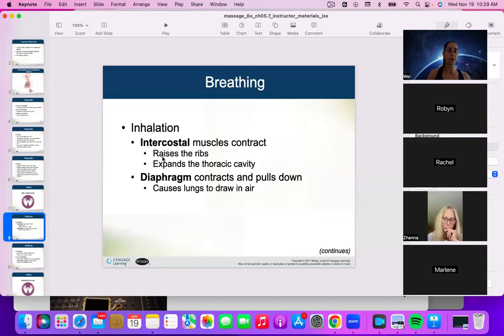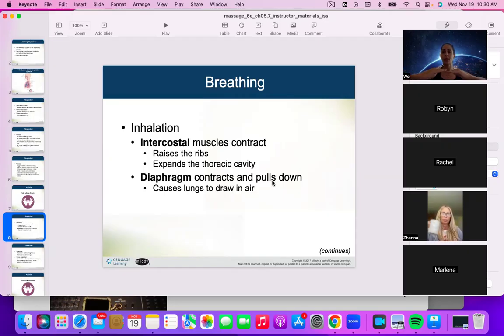Now, what happens to your diaphragm? Your diaphragm is below your rib cage, right? It feels like it's underneath your xiphoid process, above your stomach. So that area. As we inhale, I'm going to show you a video and you'll see how that looks. The diaphragm goes up and goes down. With the inhalation, it's going to contract and pull down the diaphragm.